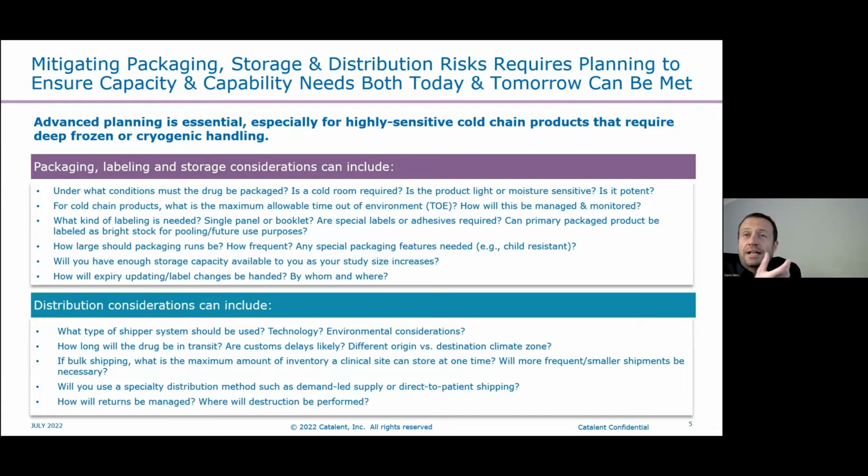Now, handling examples include how the drug will be packaged using cold room facilities or potent suites, what the time out of excursion for each drug would be, and how this will be controlled and monitored. There may be specialized labels with advanced adhesive on your vials and ampules for frozen conditions.